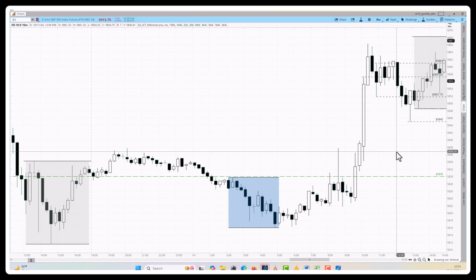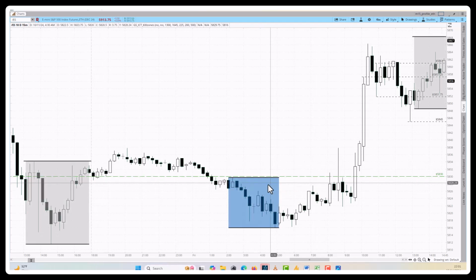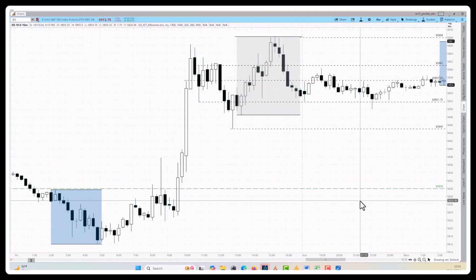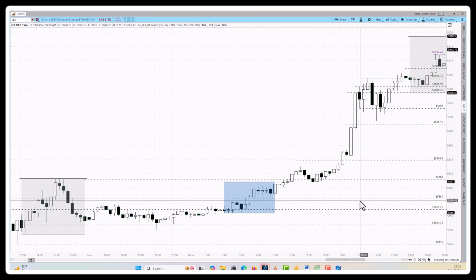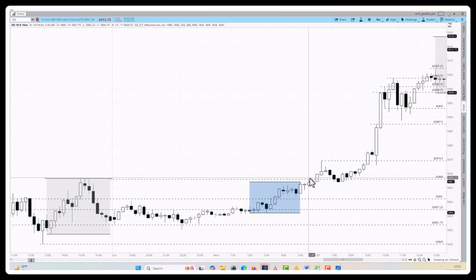Pretty much right before 9:30, it's still in the London range and the PM range. But today before 9:30, it already broke out of the London and the PM range right there. You see that? Makes a retracement right there. Boom.